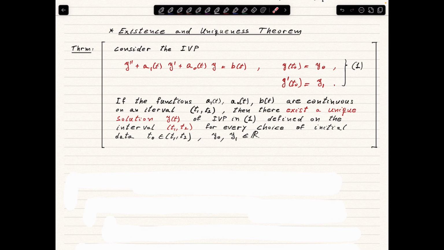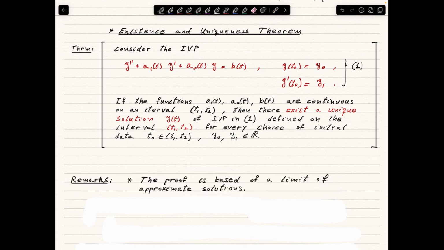Some remarks about that: the proof of the theorem is based on taking the limit of approximate solutions. So we have seen the Euler method for first order differential equations.